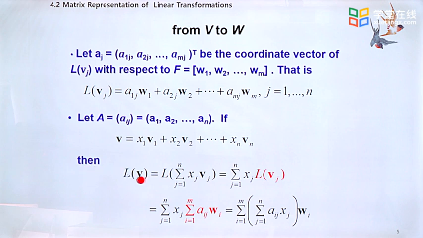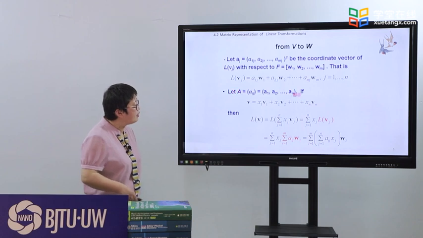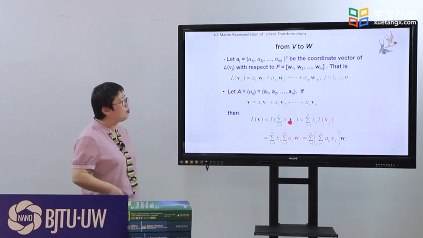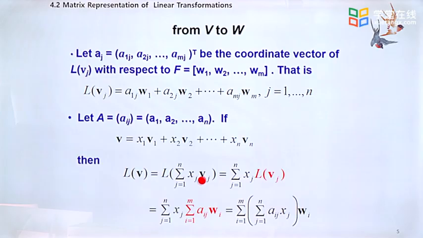Then we know L(v) just equals L applied to the summation, j varies from 1 to n, of xj vj. We substitute v by the linear combination of given basis vectors in space V. And because this is a linear transformation, we can put these scalars out, which equals the summation, j varies from 1 to n, of xj times L(vj).